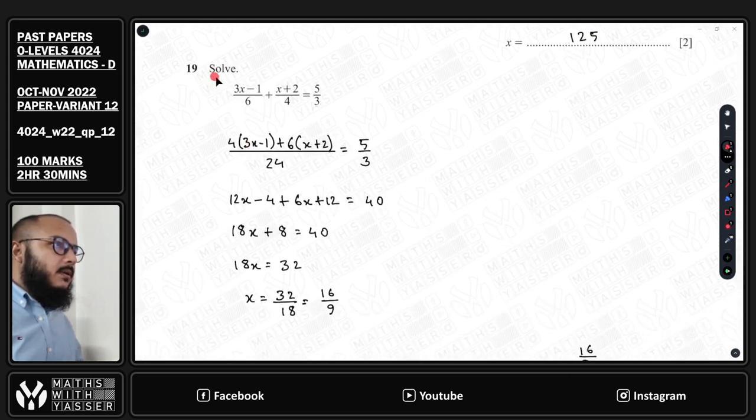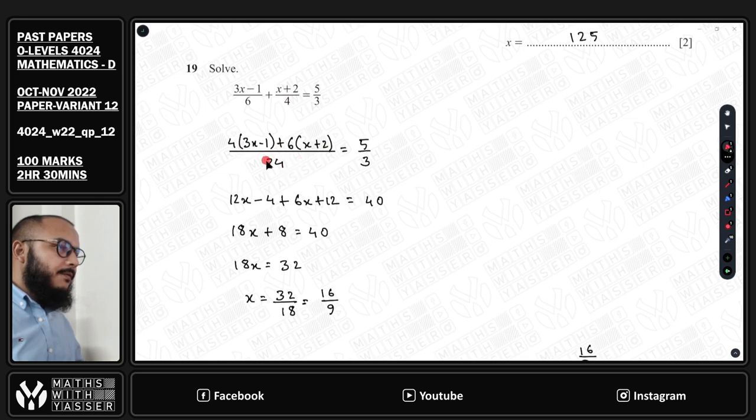Question number 19. Solve 3x minus 1 over 6 plus x plus 2 over 4, which is equal to 5 over 3. So the LCM of 6 and 4 will be 24. And now we can say 3x minus 1 times 4 plus x plus 2 times 6.